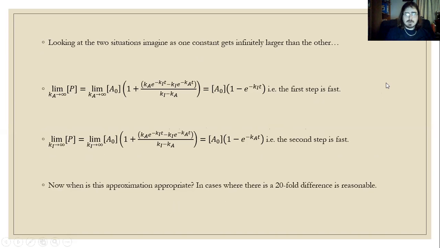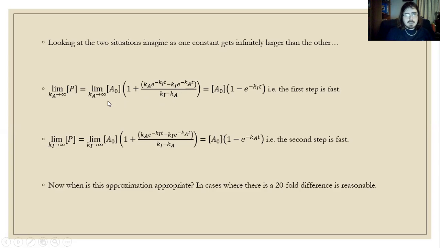We'll look at it in two different situations. So imagine one constant getting infinitely larger than the other. We can do a limit of the product concentration as Ka approaches infinity. So we're looking at, well, P is A sub 0 times 1 plus 1 over (Ka minus Ki) times (Ki e to the negative Ka t minus Ka e to the negative Ki t).